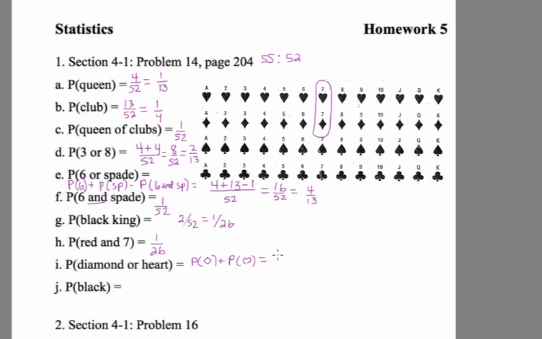So you've got 13 out of 52 diamonds and 13 out of 52 hearts, which gives you 26 out of 52 or 1/2. And you might have just jumped right to the 1/2. Diamond or heart, that's half the cards. Probability of getting a black card, 1/2. Half the cards are black, half are red.